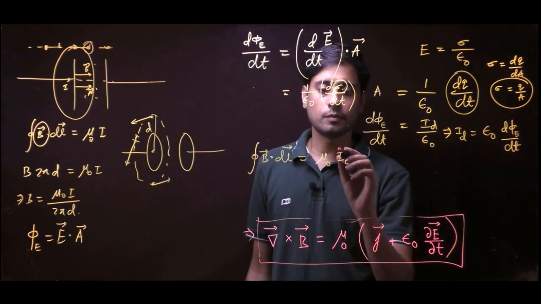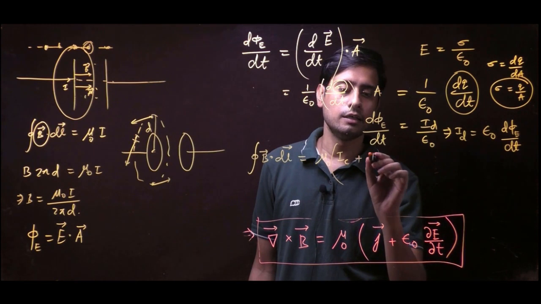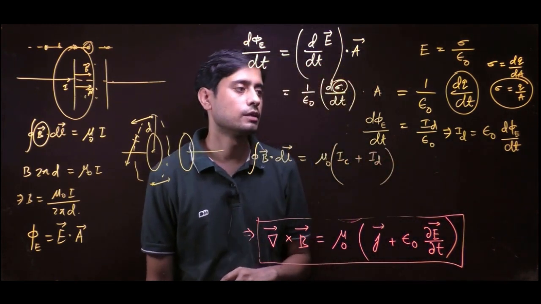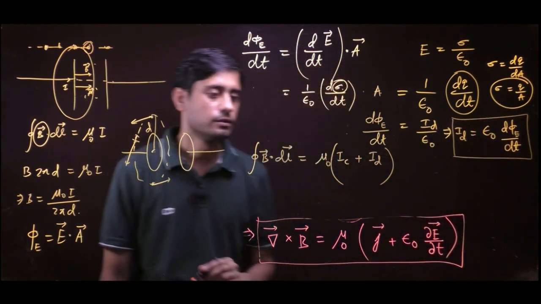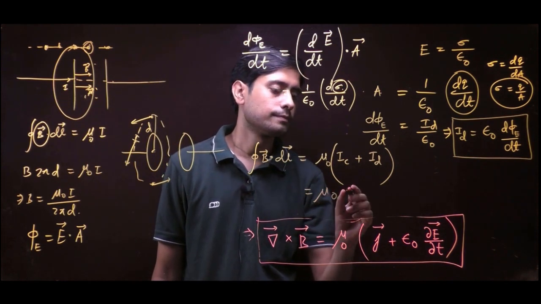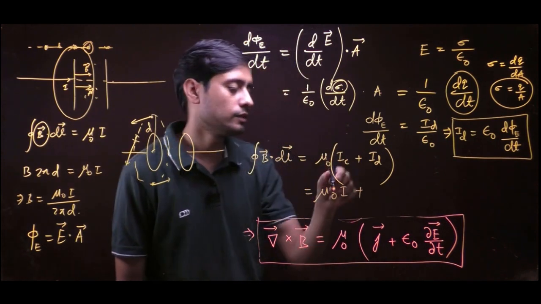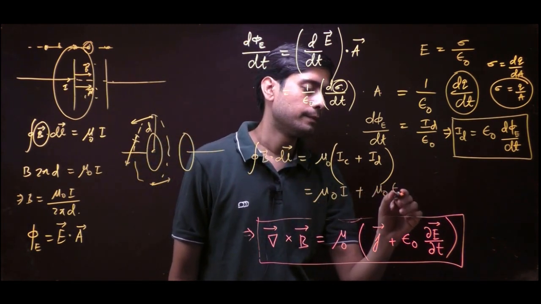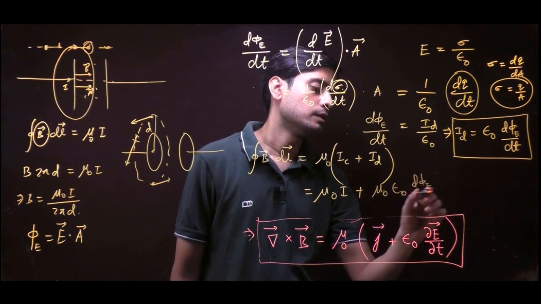So we will write that current as ID, which is the displacement current, and that ID we have already calculated. So it becomes mu naught times I plus IC was your I, plus mu naught times epsilon naught d phi E upon dt.